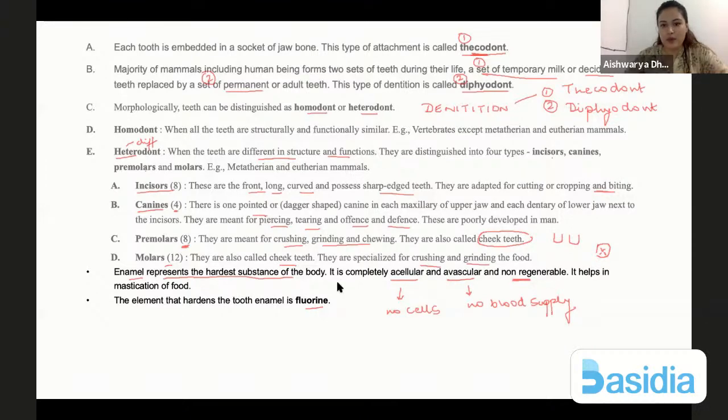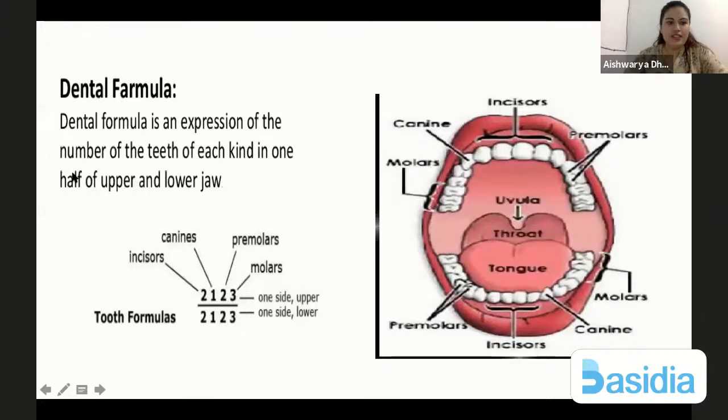Okay. Moving forward. This is the important part that we have to learn in the teeth portion, which is the dental formula. If you look here, this is the placement of the teeth. We have the uvula, the throat, tongue. We have incisors in the front.